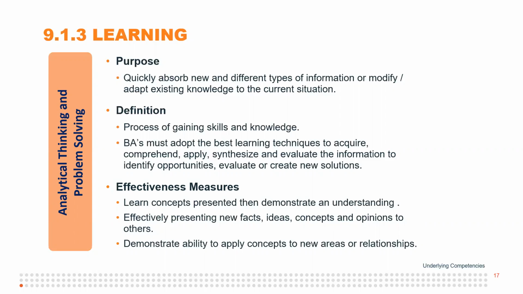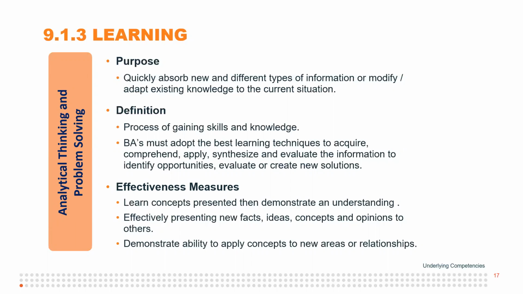So the effectiveness measures of this particular competency are: do you learn concepts that are presented and then demonstrate the understanding, which shows that you learned them? Are you able to effectively present new facts, ideas, concepts and opinions to others? And then demonstrate the ability to apply concepts to new areas or relationships.